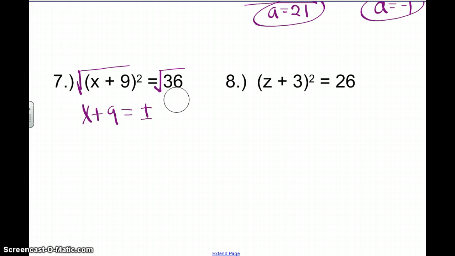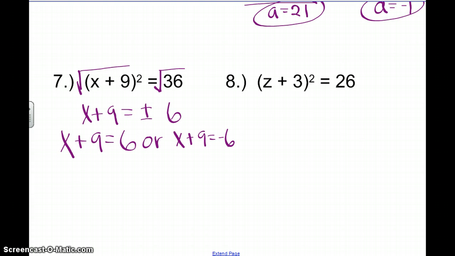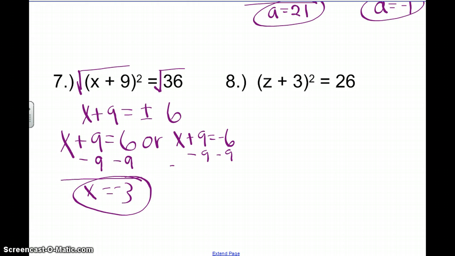Since we have a positive and negative, we have two equations: x plus 9 equals a positive 6, or x plus 9 equals a negative 6. We can solve the first one for x by subtracting 9. So x equals negative 3. Solve the second one by subtracting 9. x equals negative 15 is our second solution.